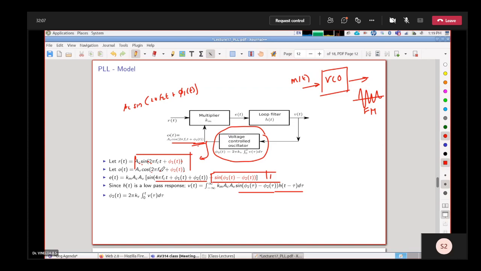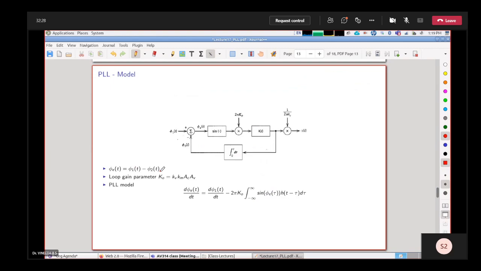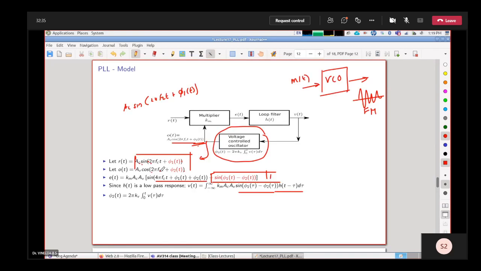So what we are going to do now is look at some approximate models in order to understand whether the loop will work even if phi1 of t and phi2 of t are not equal. We don't start with the condition that they are equal. For this, we are just going to look at the signals of interest. R of t and O of t by themselves are not really interesting to us.